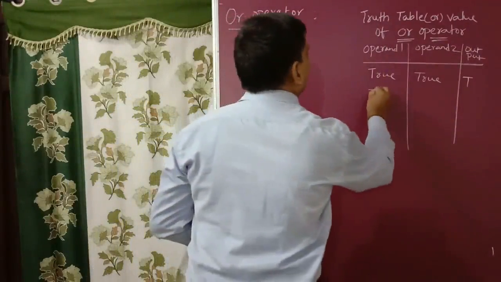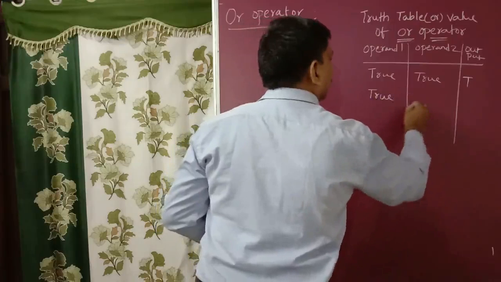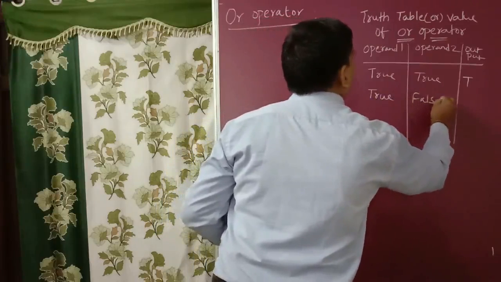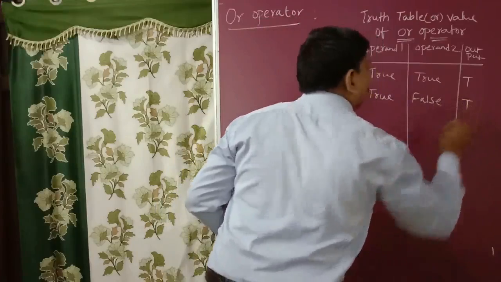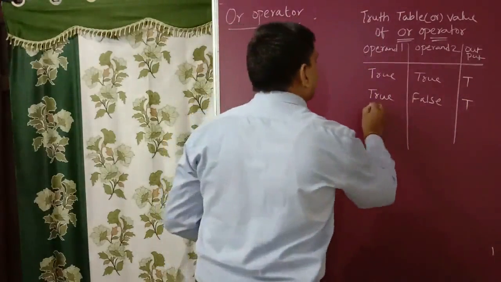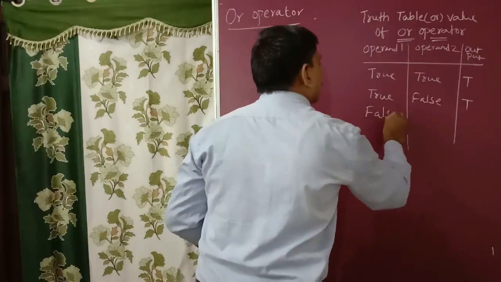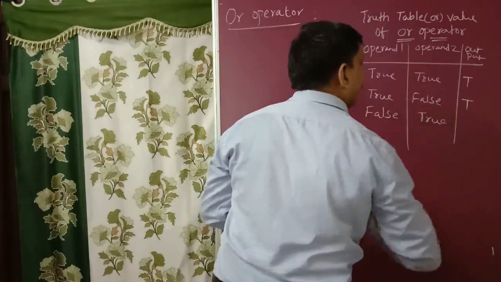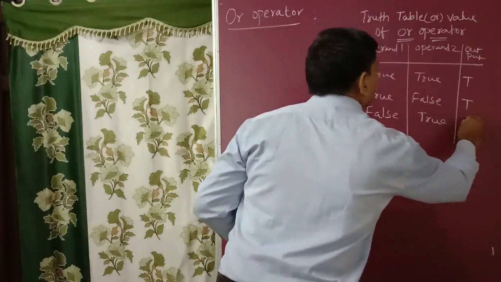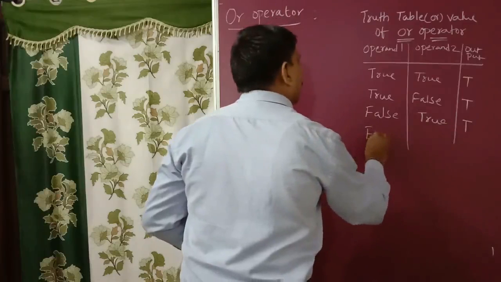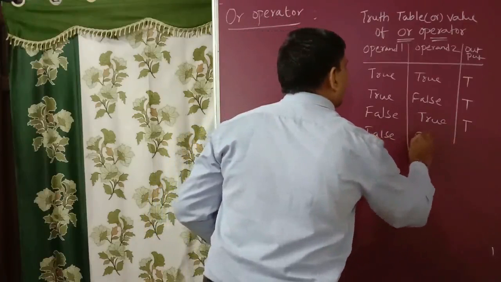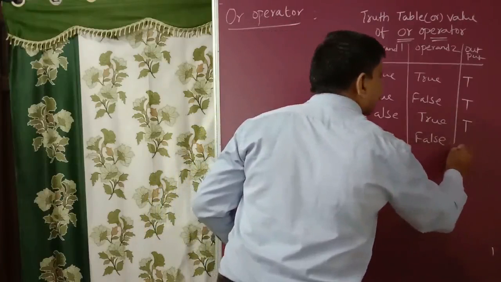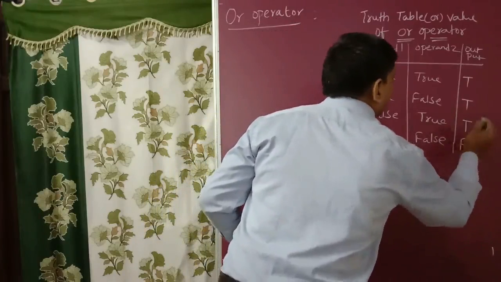If the first operand is false and the second operand is also false, it returns false.